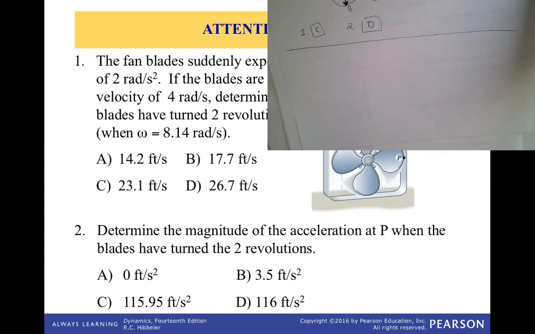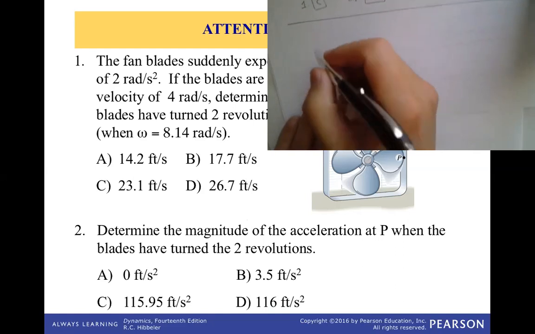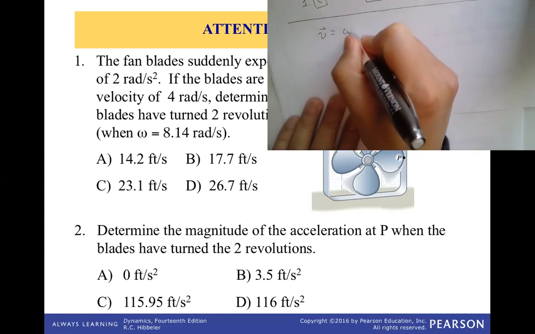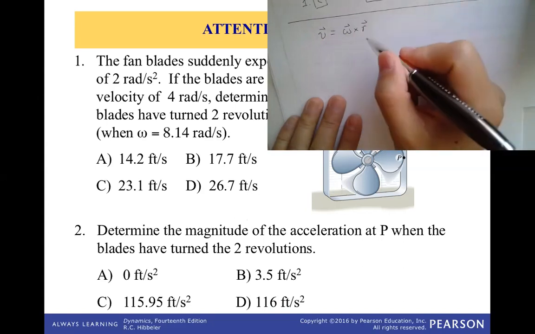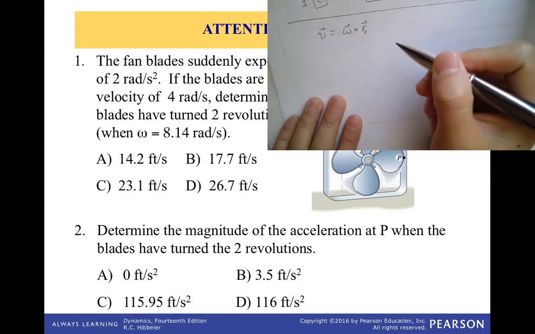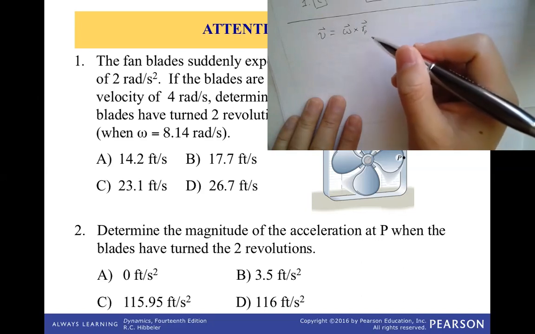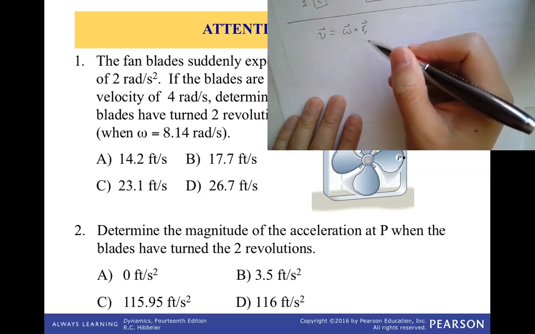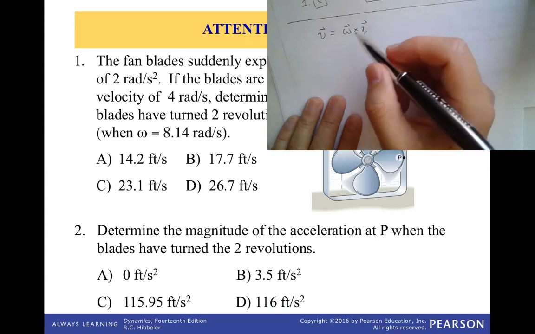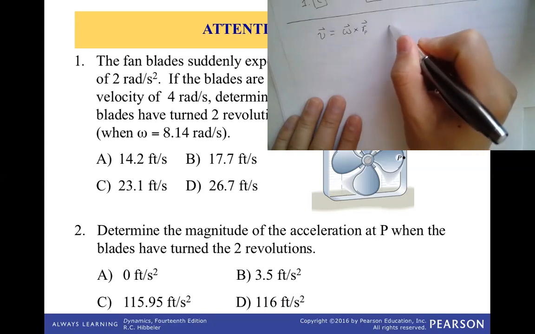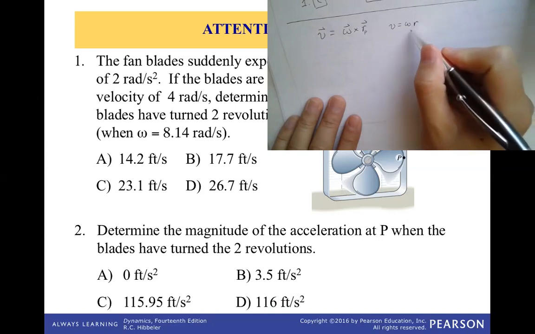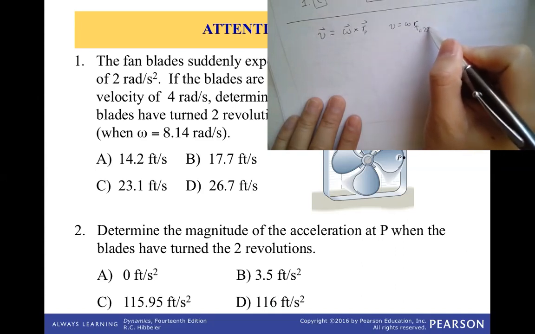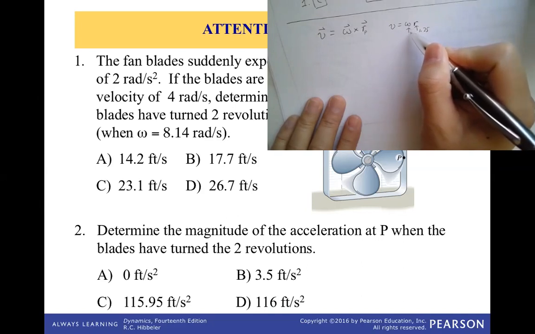In order to figure out speed V, because V is defined as omega cross R, at point P, R is 1.75. But you are looking for the speed, that means you are just looking for the magnitude. So you're just looking for omega times R. R is given as 1.75, you just need to figure out what omega is.